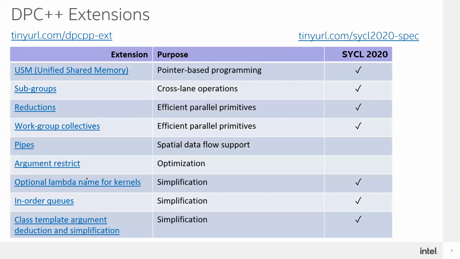This slide is showing our intention, and I tried to list some extensions which we implemented last year, so quite a long time before SYCL 2020 was finalized or even published. And you can see some of the major extensions. If you go to this link, you can find all the extensions in our Intel LLVM GitHub project.